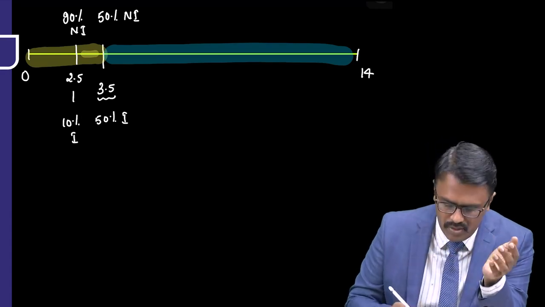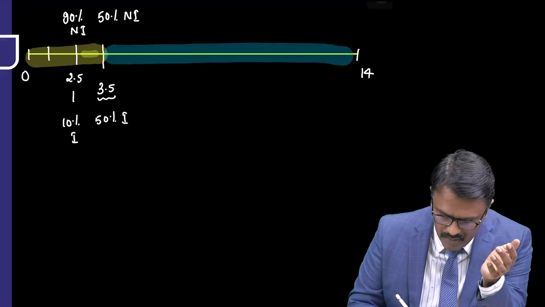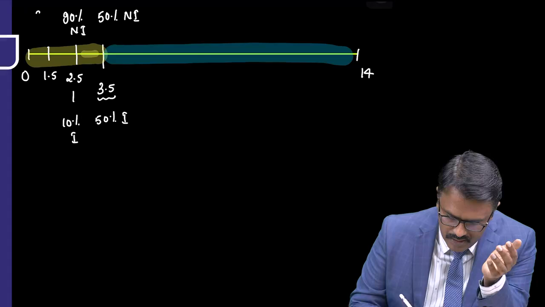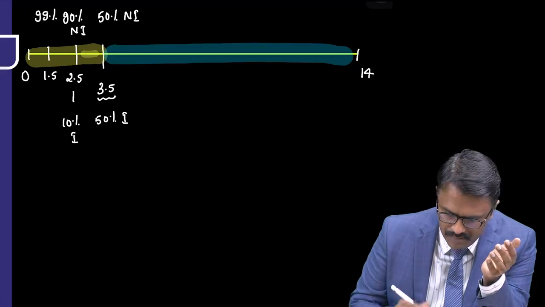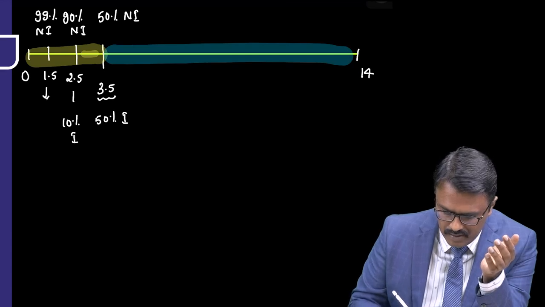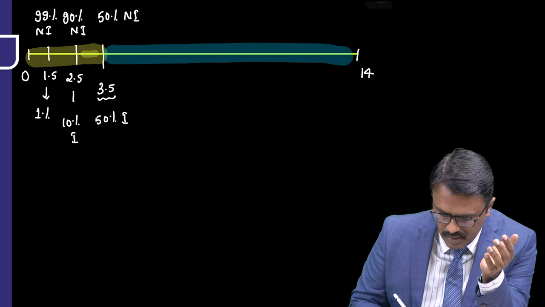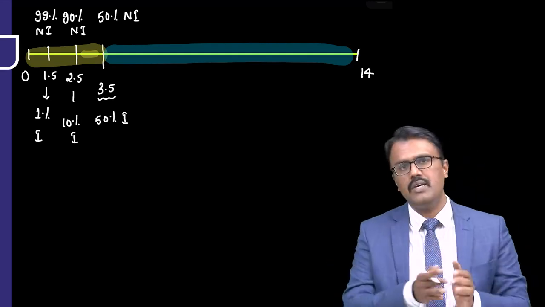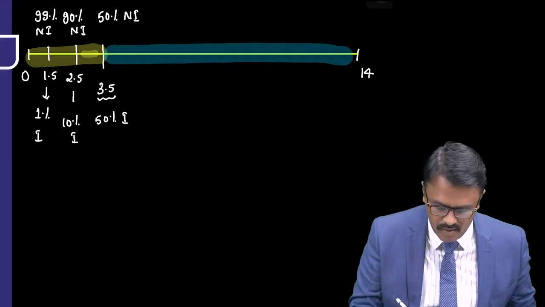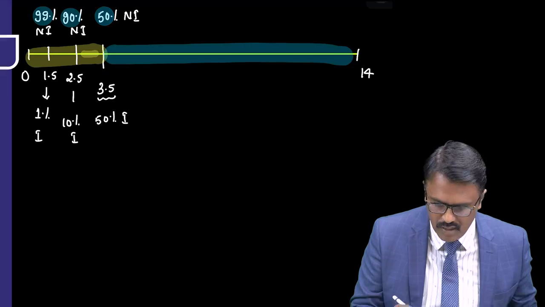If I move it further to a pH of 1.5, now it is 99% non-ionized and 1% ionized. So if you are moving the acidic drug towards the acidic medium, obviously you will see more and more of the non-ionized form.